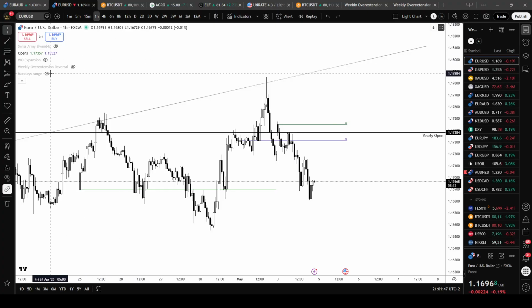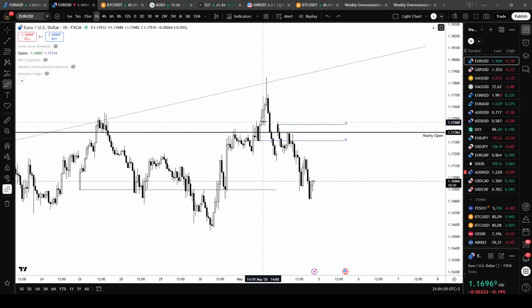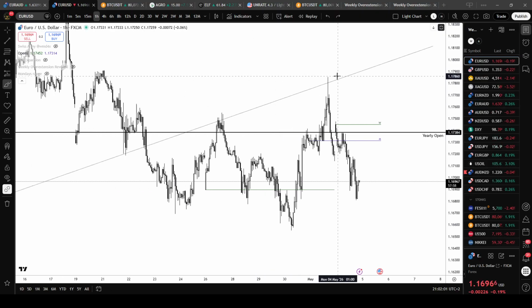So that was what happened last week. We got a bit of consolidation below the yearly open, and the market pushed above and traded into the trend line, and what a surprise, you get a perfect sell-off from there.